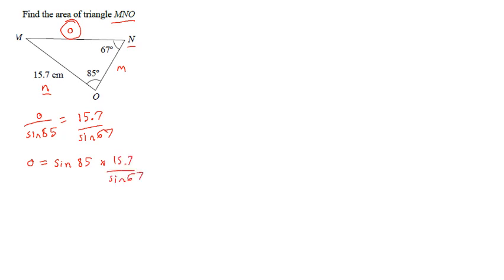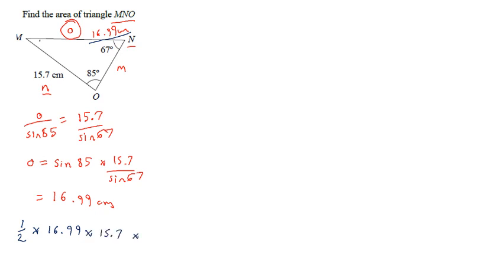We input this now into our calculators. And when we do that, we get this. That means side O is 16.99 centimetres. So now I know that side, I can use half times side times another side. Then what angle do I use?